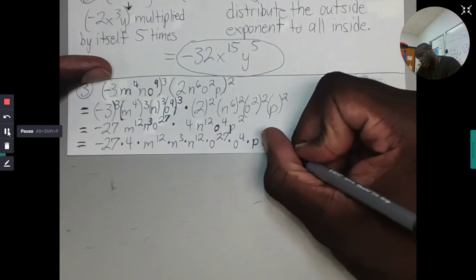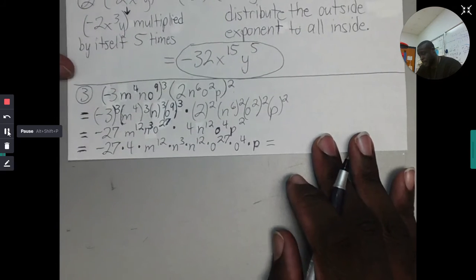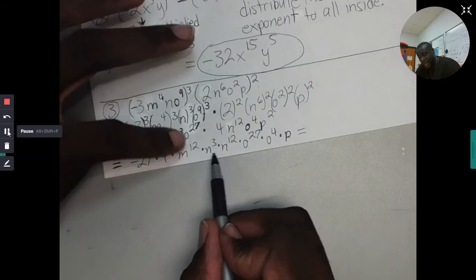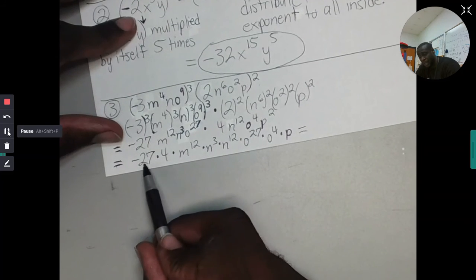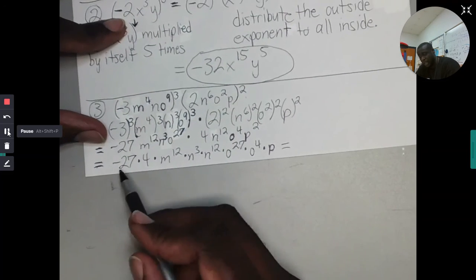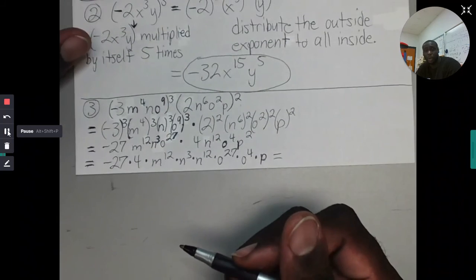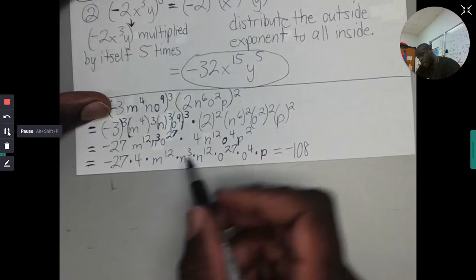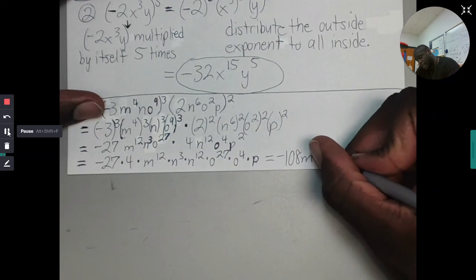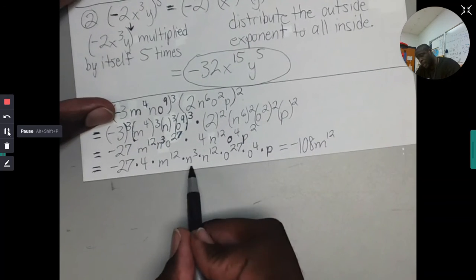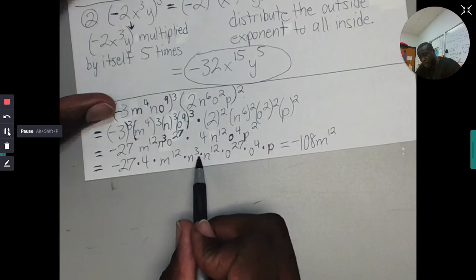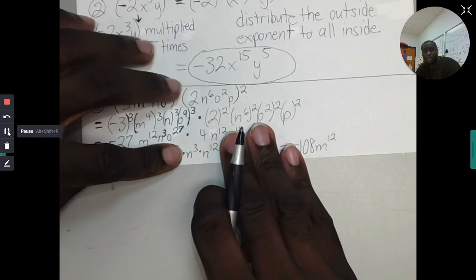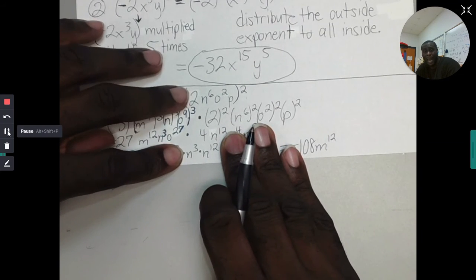Okay, so with all of that together, again, you deal with the parts that have the same base. But again, you multiply your coefficients first. Negative 27 times 4 gives you negative 108. Okay, the m doesn't have anything to go with. These two n's, remember with the product, n to the third times n to the 12th, you add your exponents.